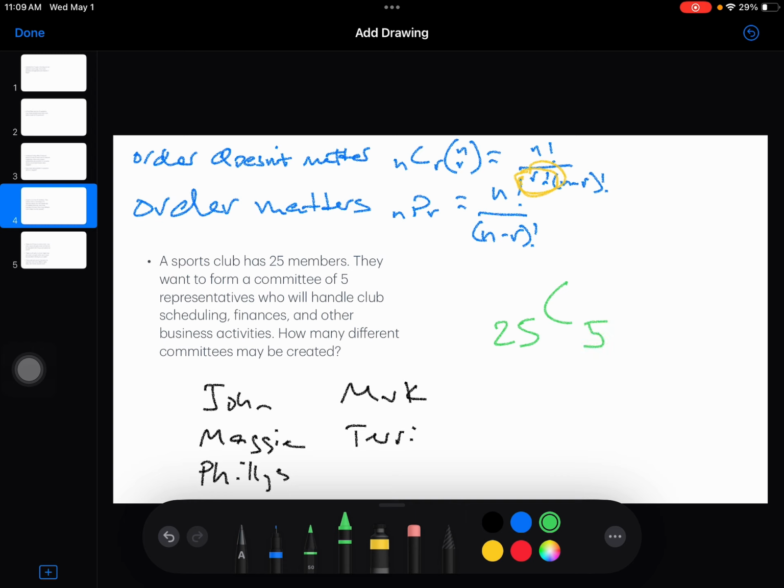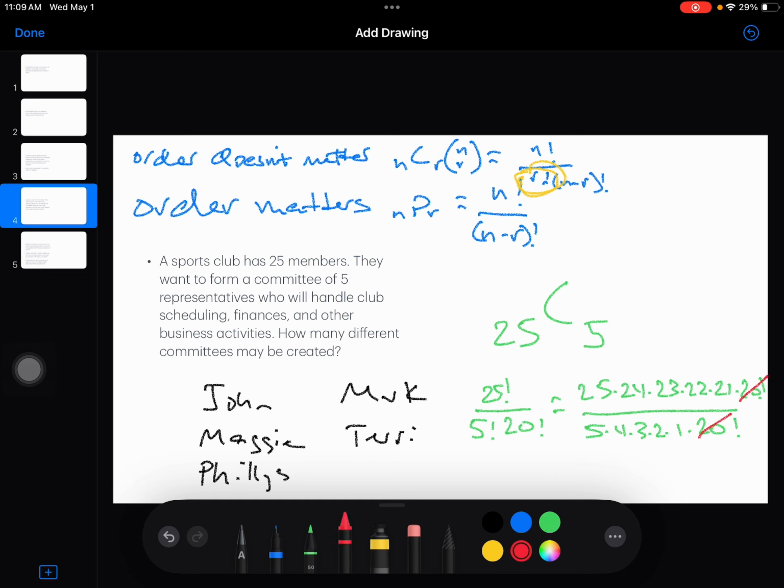If we're choosing 5, that means we've got 25 factorial divided by 5 factorial, and then 25 minus 5 is 20 factorial. So let's say 25 times 24 times 23 times 22 times 21 times 20 factorial, divided by 5 times 4 times 3 times 2 times 1 times 20 factorial.